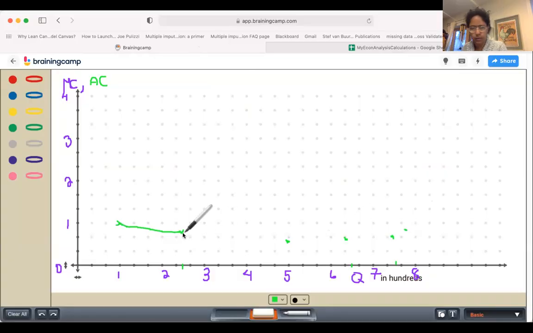And so let me see if I can draw. This is sort of declining. It should be following my pattern here. The average cost. Oops.